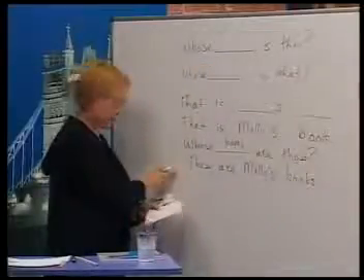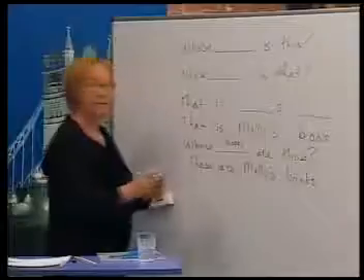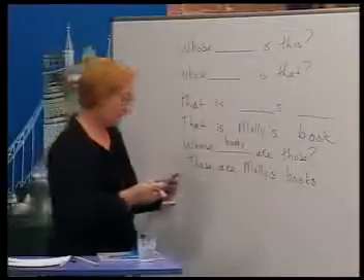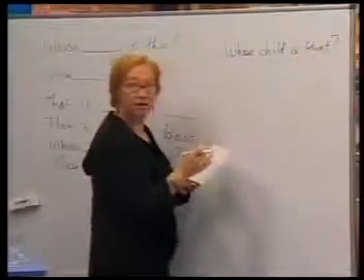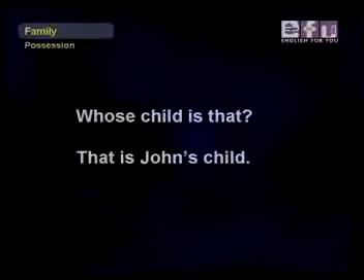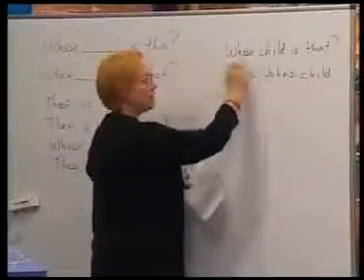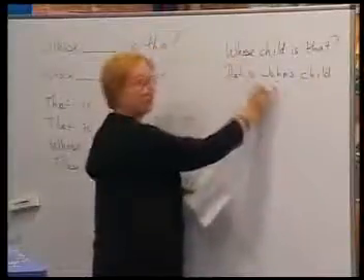Those are Molly's books. All right? And here's a couple of other examples. Whose child is that? That is John's child. All right?